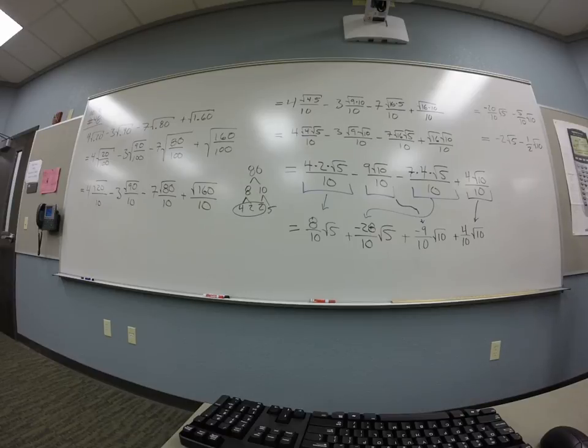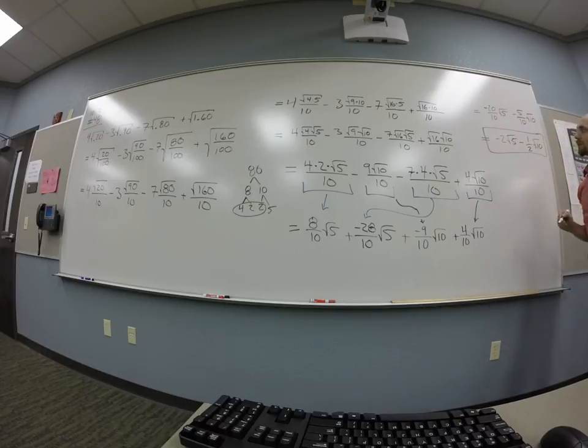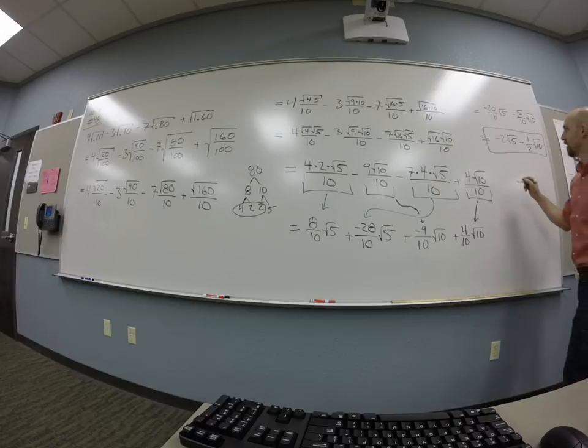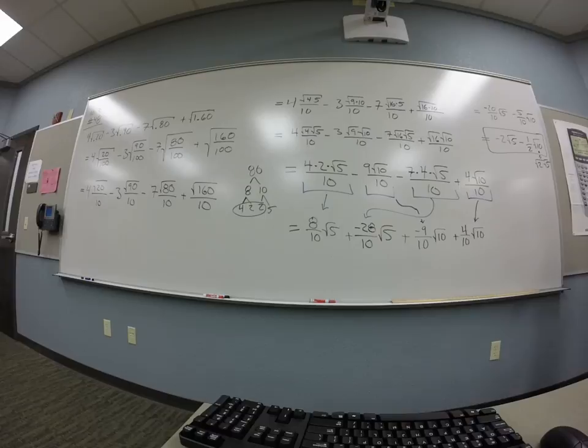Cool? Okay, I'm good with you guys leaving it here. If you wanted to go one step further, you could. You could say, okay, this root 10, that's a root 2 times a root 5. And then you could maybe factor a root 5 out of this whole thing. But it's going to be a little bit ugly when you're done with that. I don't think it's better than here.